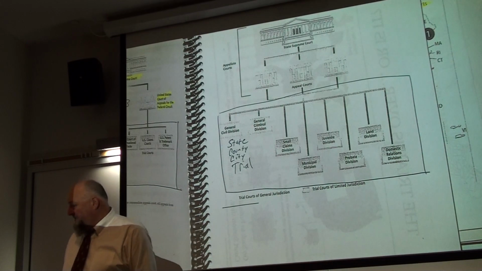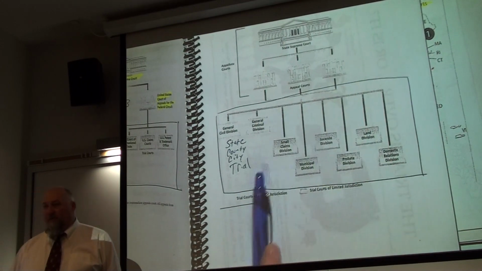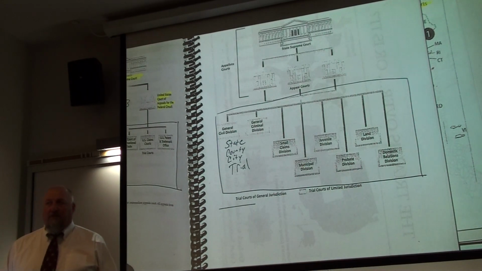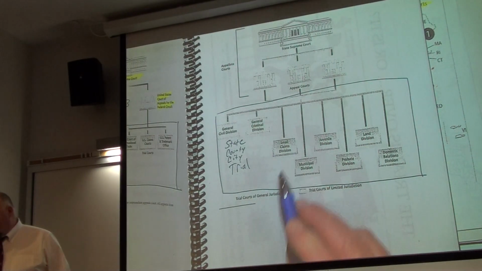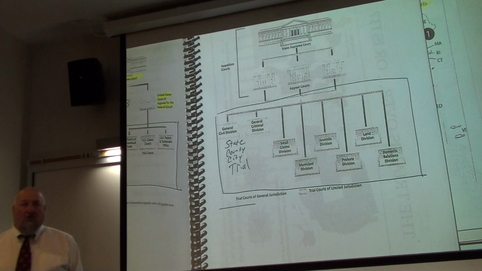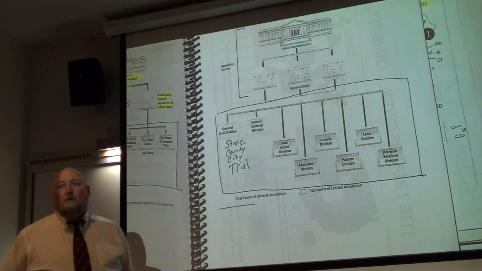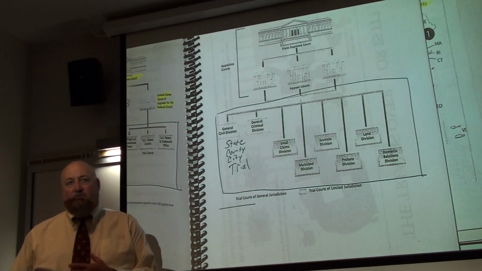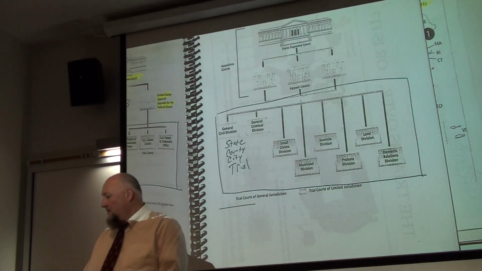We also have breakdown depending upon how the state is set up, where you'll have a general division that handles civil trials, criminal trials, small claims courts. Sometimes they'll be broken down into juvenile court, probate court, land court, various different subject matter courts.